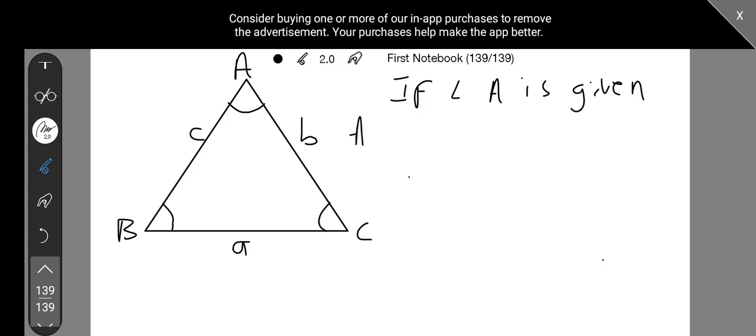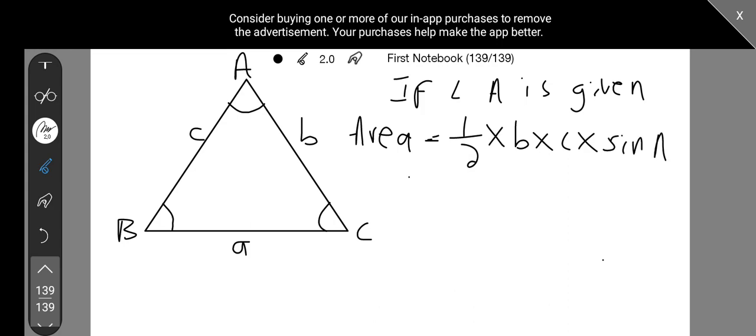So it means that the area, if angle A is given, will be equal to 1 over 2 multiplied by the two sides which are between, that is b times c times the sine of the angle that is given, and that is sine A. So I hope it's clear. So if angle A is given and the two sides in which the angle lies between are also given, you must know that we must use this area formula. If we are using the angle A, we must use the two sides in which the angle lies between.